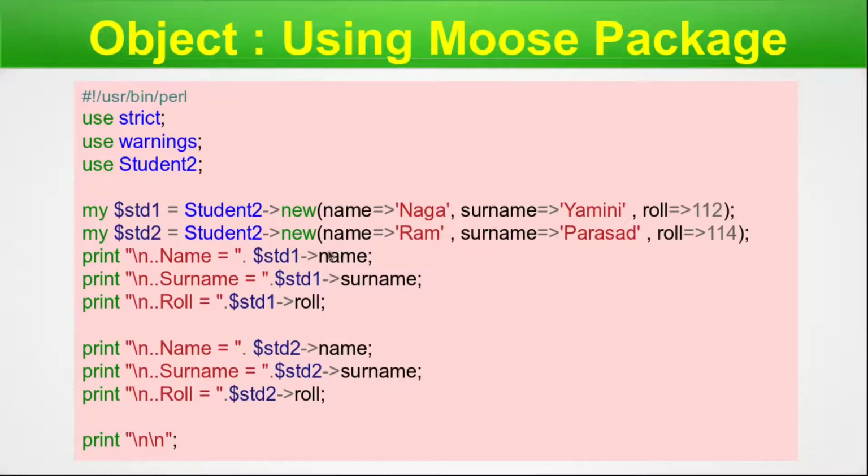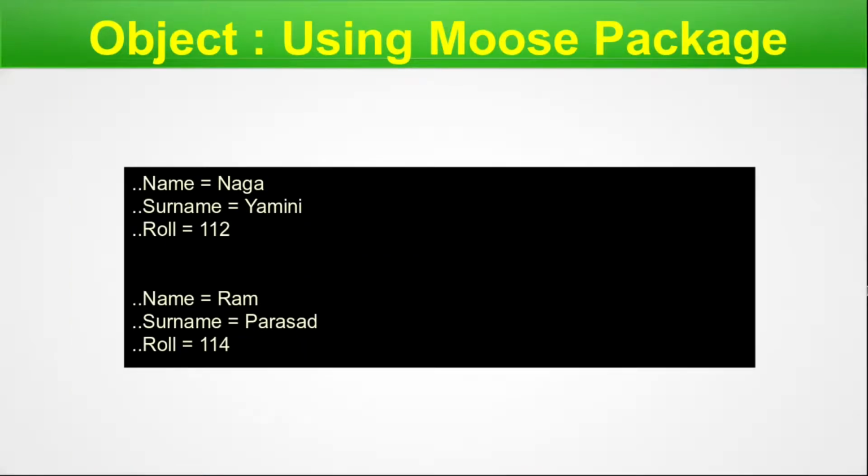It has been converted into an object and class internally inside Moose. So I access the data structure straight away, and I finish the code, and the output will be like this. The first data structure is printed here, and the second data structure is printed here. So I think we are done with the Moose package.